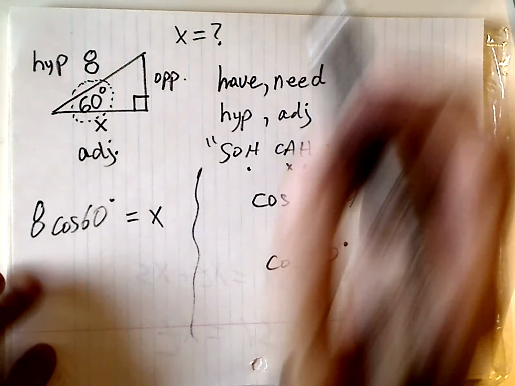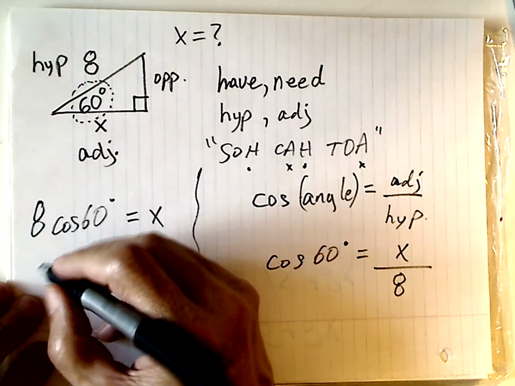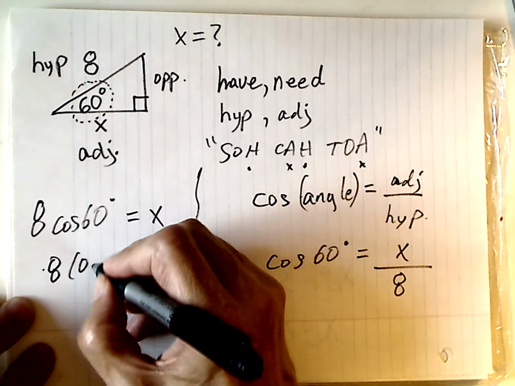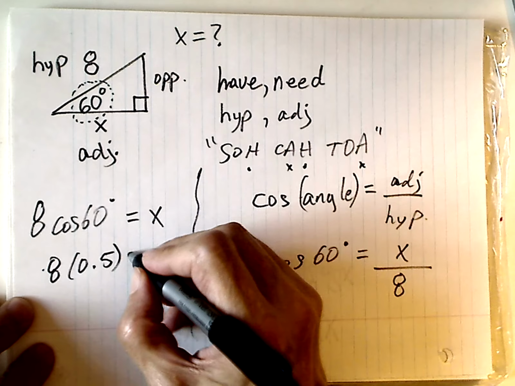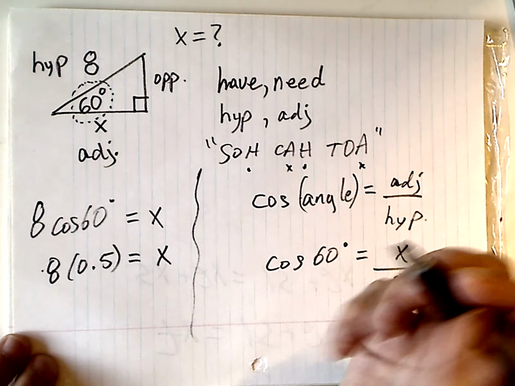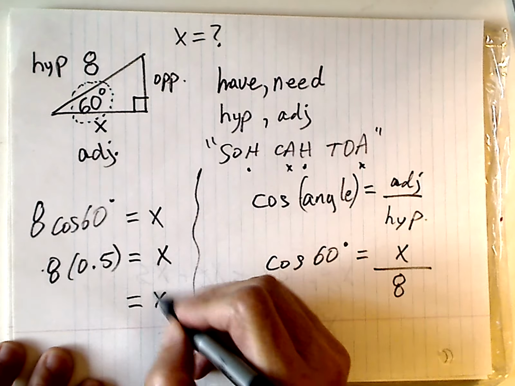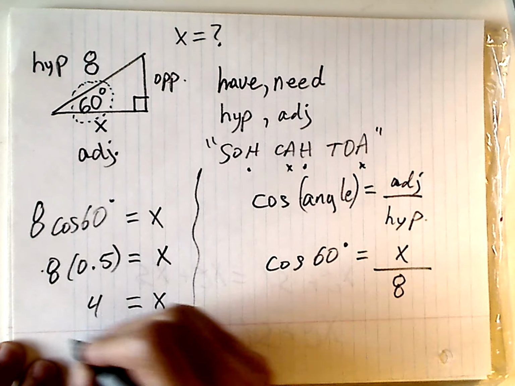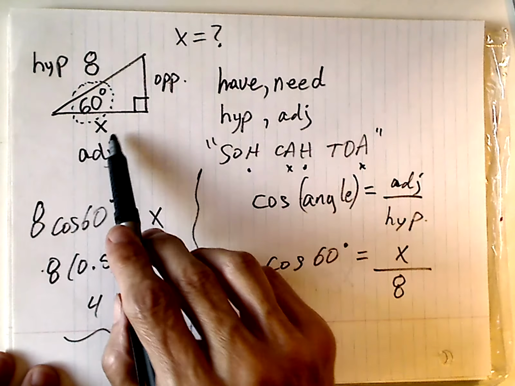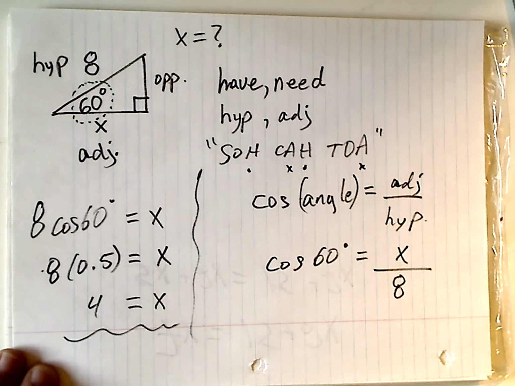Happen to know that cosine of 60 is a half. Yes, just like sine of 30. They're kind of related. And this gives a final value of 4. In other words, the adjacent side that we're missing down here is 4.